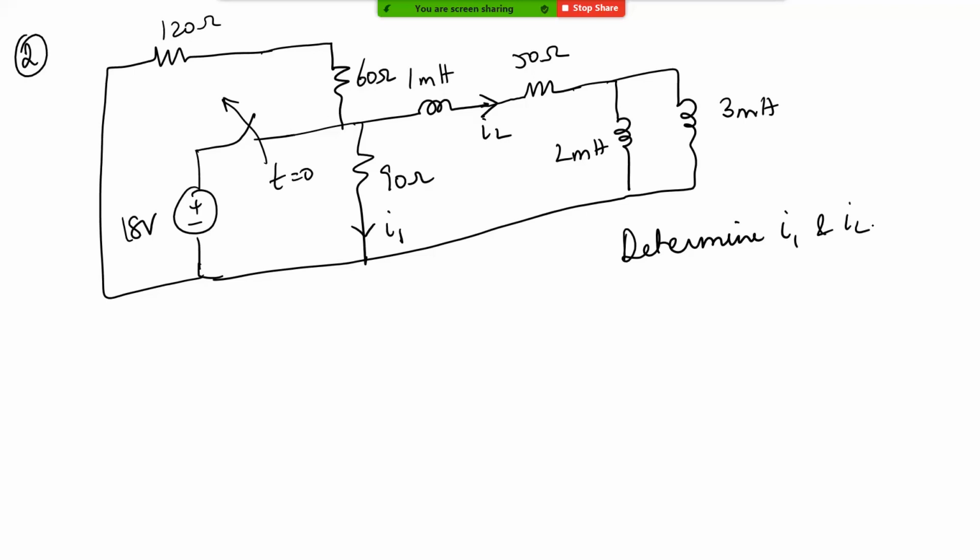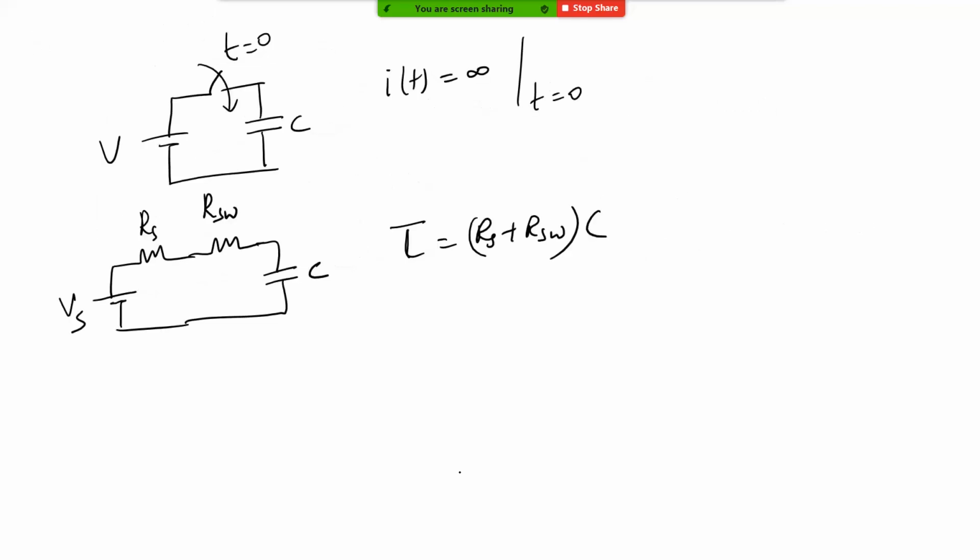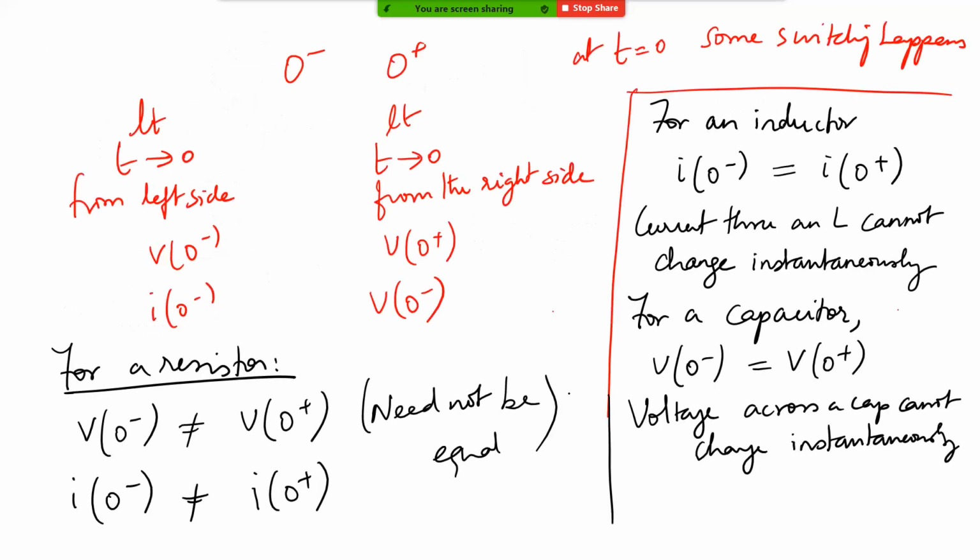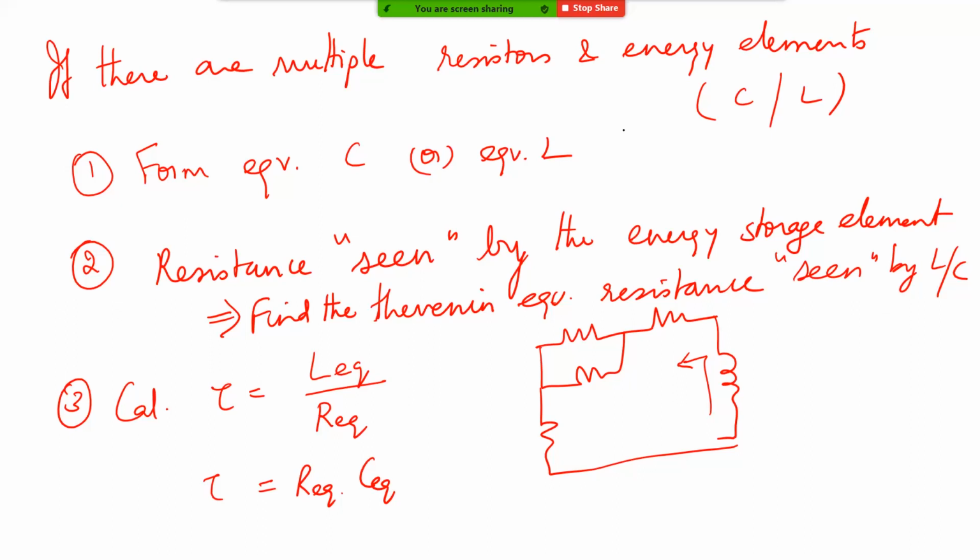Just a minute before you start solving. The procedure is: first you form the equivalent inductor or equivalent capacitor, then find out what is the resistance which is seen, find out the tau, and then for all the currents and voltages, wherever applicable, there will be some initial condition.